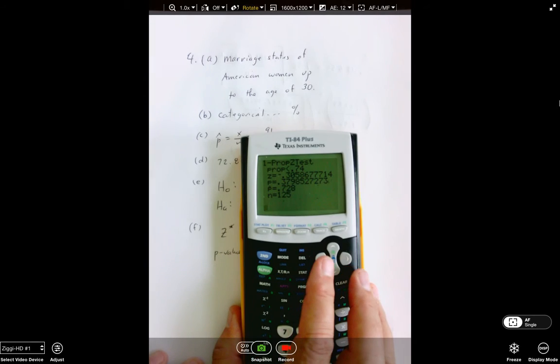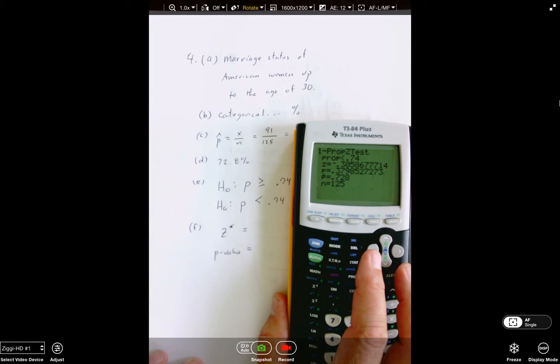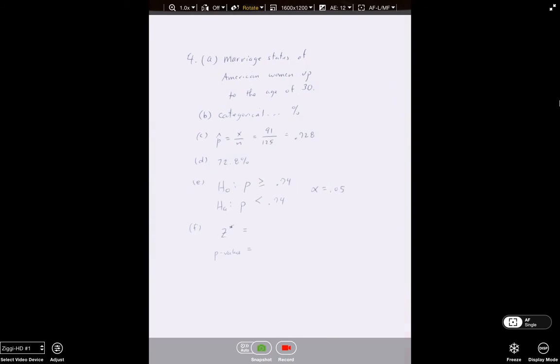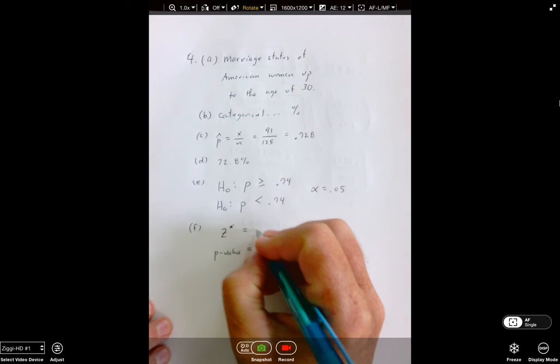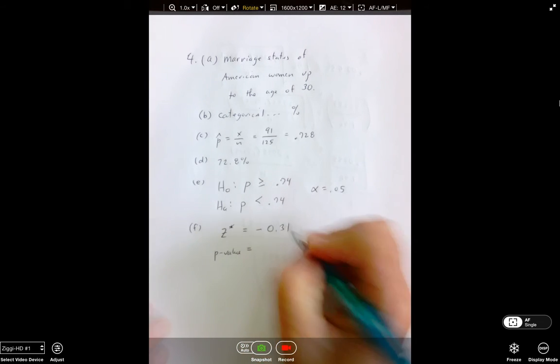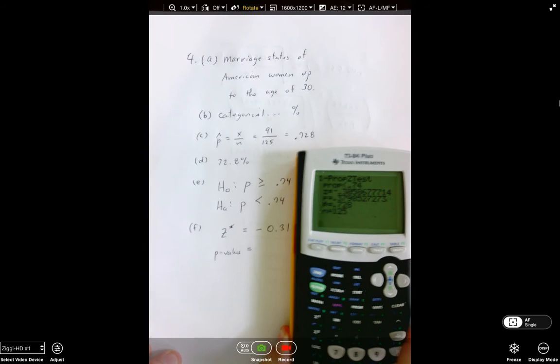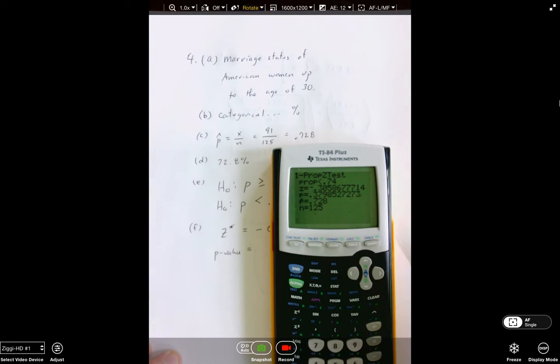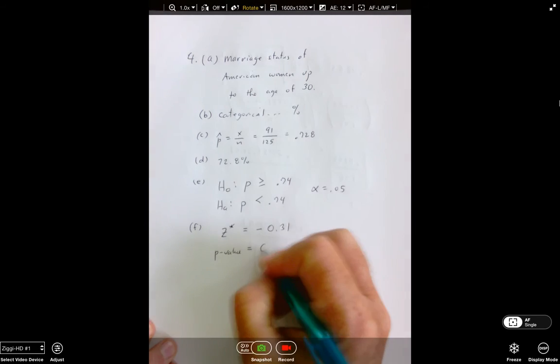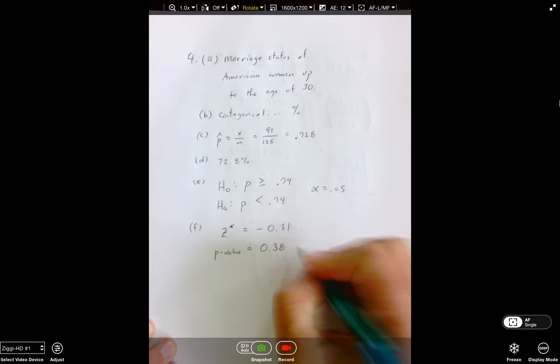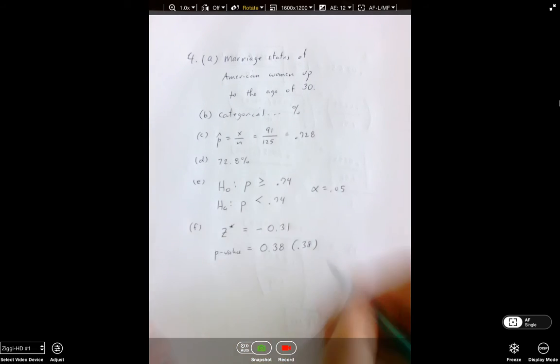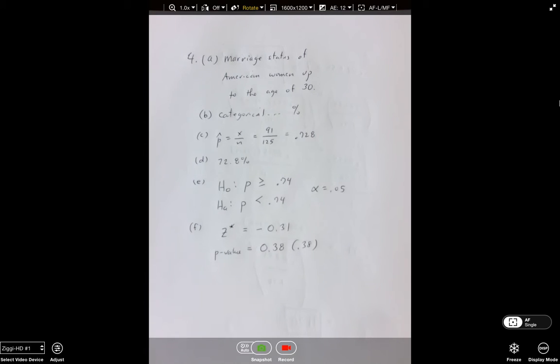You can see that your test statistic here is negative .31. And you can tell that your p-value right here is .38. If you prefer to just put .38, that is perfectly fine.